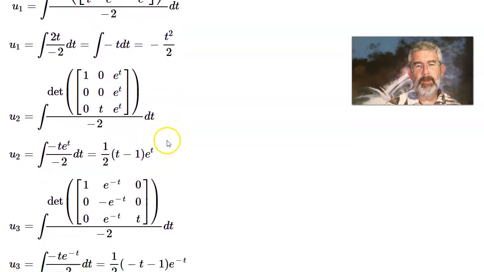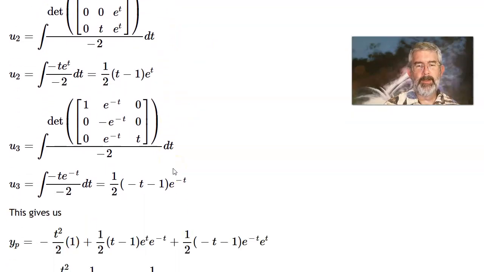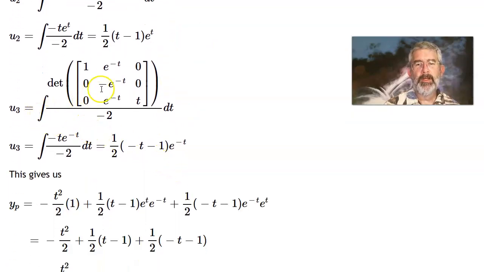And notice I'm not worrying about the plus c in either case, because I don't need all of the u1 and u2s that work. I just need one. So I'm using c equals 0 here each time. And likewise here with the u3, the 0, 0, t is over here in the third column. Take that determinant, and again, you're going to have an integration by parts and end up with this.